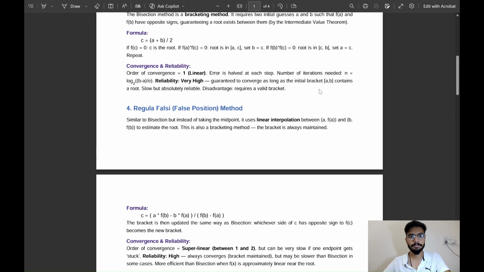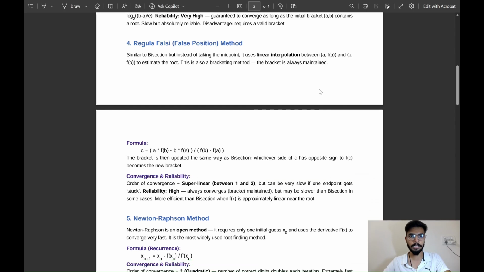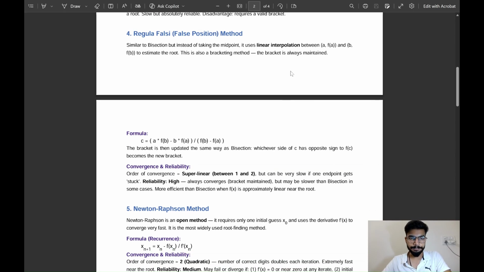Moving towards our next method, the Regula Falsi method, also called the false position method. It is similar to the bisection method, but instead of taking the midpoint, it uses linear interpolation between (a, f(a)) and (b, f(b)) to estimate the root.